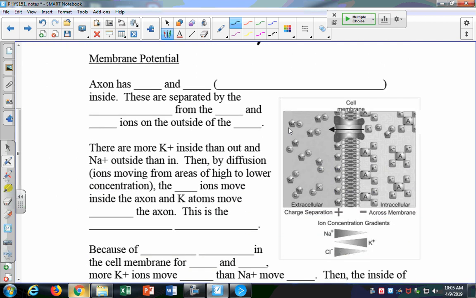Let's define membrane potential. So first of all, the axon has potassium cations, and it has anions. So that's potassium cations, that's the K. Remember, cations are positive charges, and anions are negative.